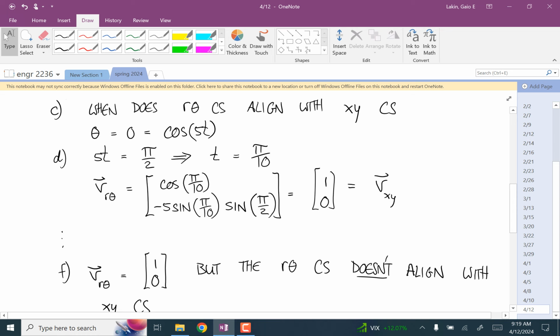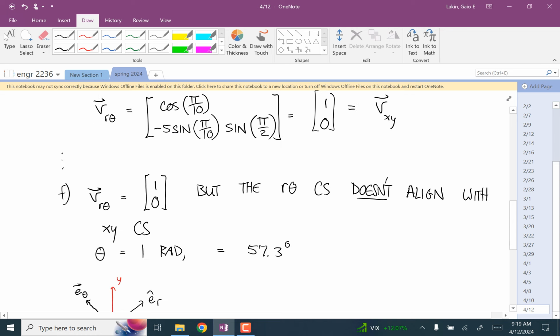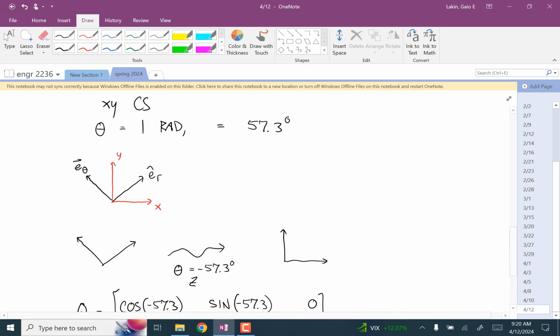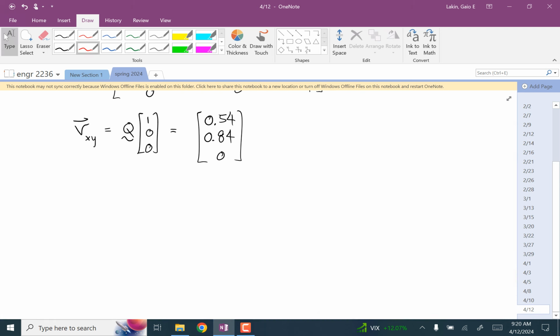Okay, so now we're getting into really the main thing that we're going to use these rotating coordinate system equations for. And that is, I'm going to call it superimposed motions.